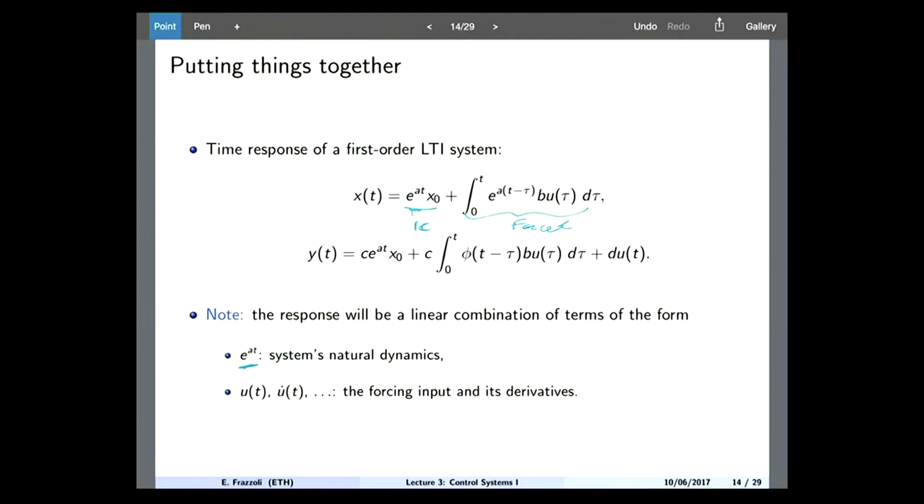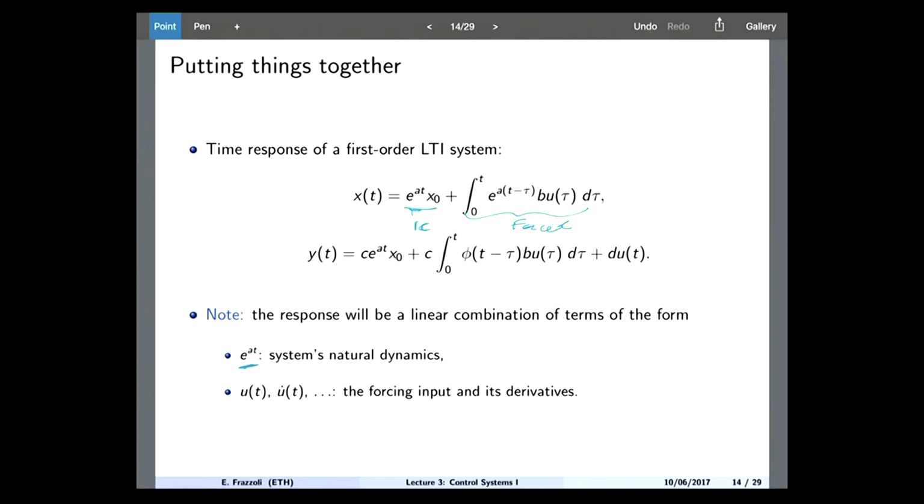If you remember, that is the function that describes how the system will evolve on its own if I apply 0 inputs. So this is the system's natural dynamics. If I start the temperature for some reason at 3 degrees and I do not switch on the heater, the temperature will decay as this exponential. So this is natural dynamics.